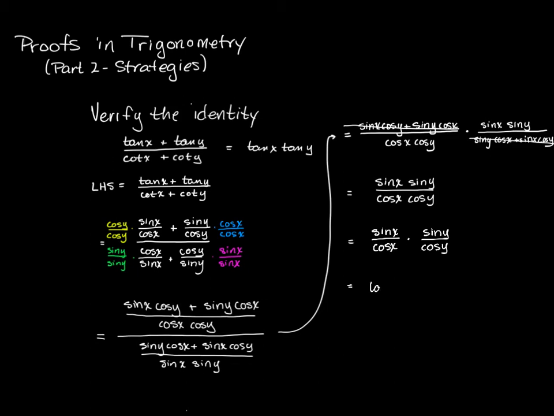This gives me tangent of x times tangent of y. And that's what I was asked to prove, that the left-hand side, the thing I started with, was equal to tan x tan y. That's what I've got now. So I can say that this last line is equal to the right-hand side.